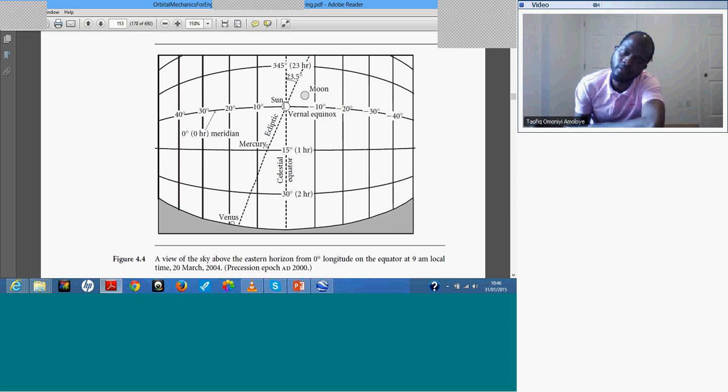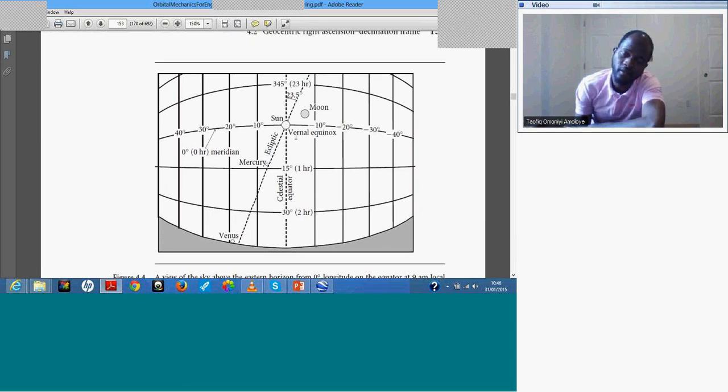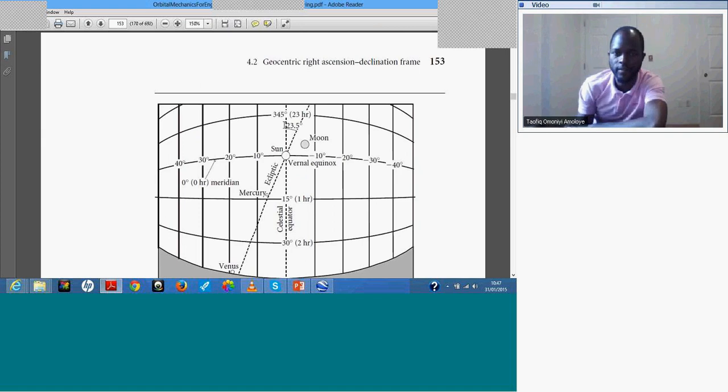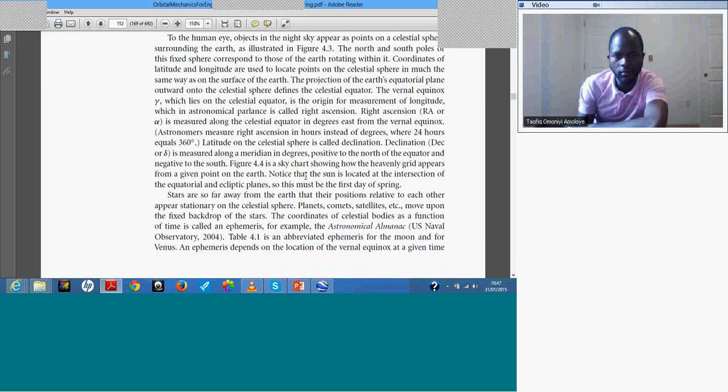So we know that the sun has been put on that vernal equinox line, and that this sky was on the first day of spring. The sun is located at the intersection of the equatorial and ecliptic planes. So this is the first day of spring.